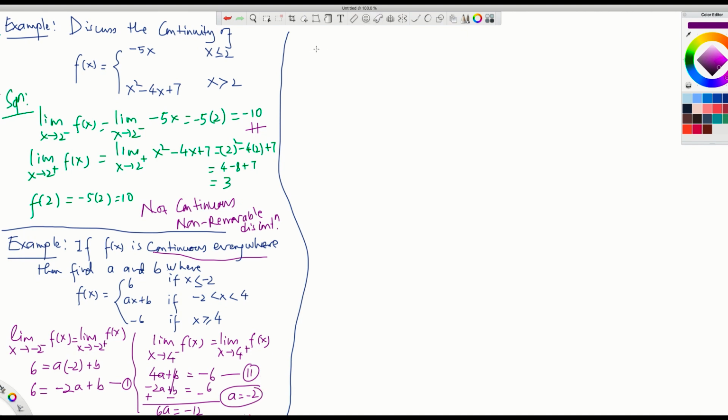And to find b, let me continue here. You plug into one of the equations. Let me use a equals -2 in equation 2. What do you get? You get 4 times -2 plus b equals -6, right? So -8 plus b equals -6.